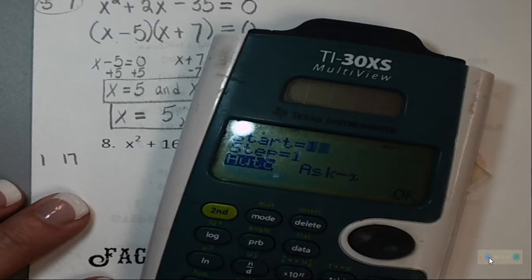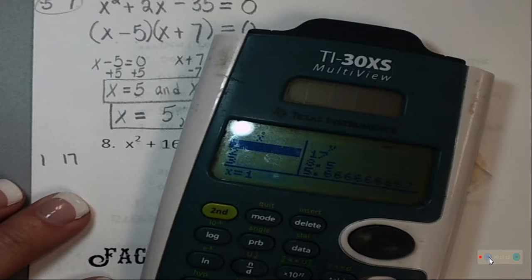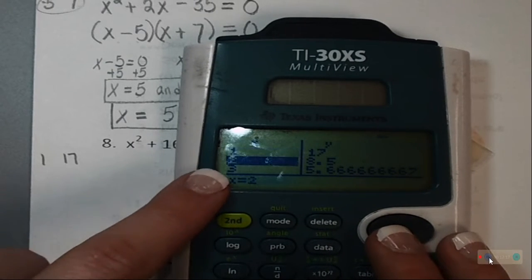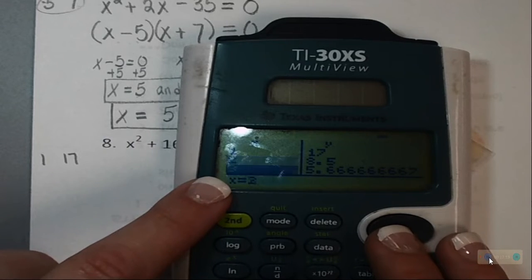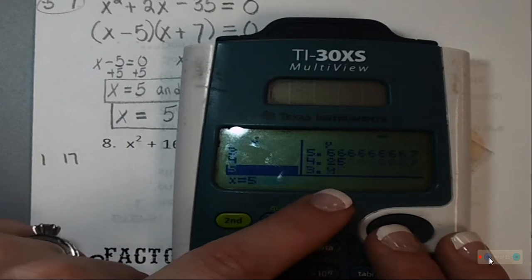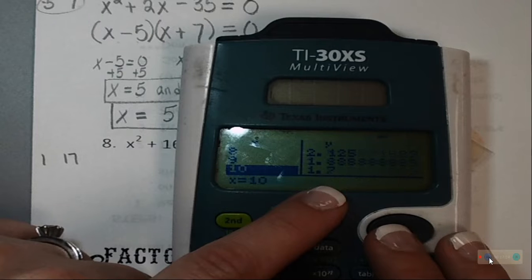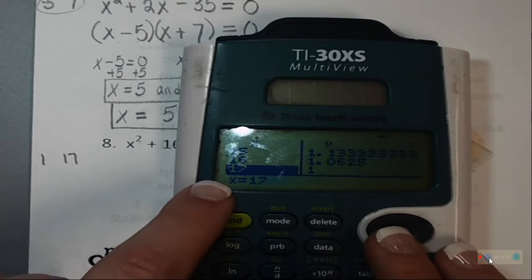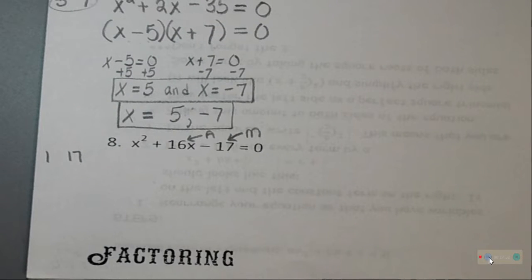Oh, I want to start at 1. All right. I see 1 and 17. I wrote that down. 2 is a decimal. 3 is a decimal. That's the only one, because by the time I get all these decimals and get back to 17, it's 17 and 1. That's the only one because 17 is a prime number.